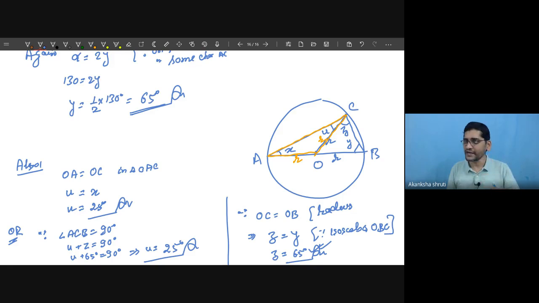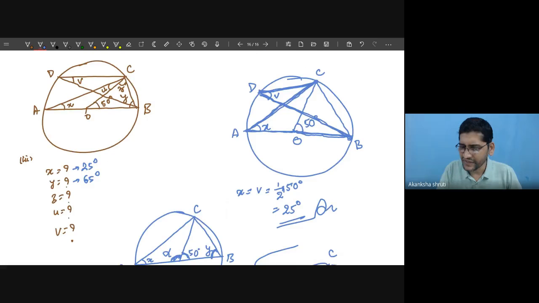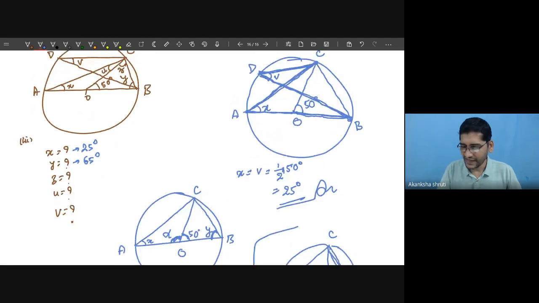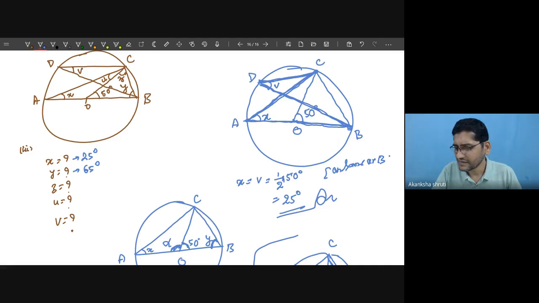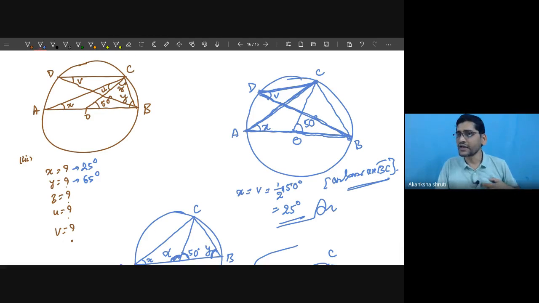Angles on the same arc are equal, like here V we have calculated by equating angles on same arc BC. These are the important things of this circle. That's why I am emphasizing. So this was all about finding the angles.